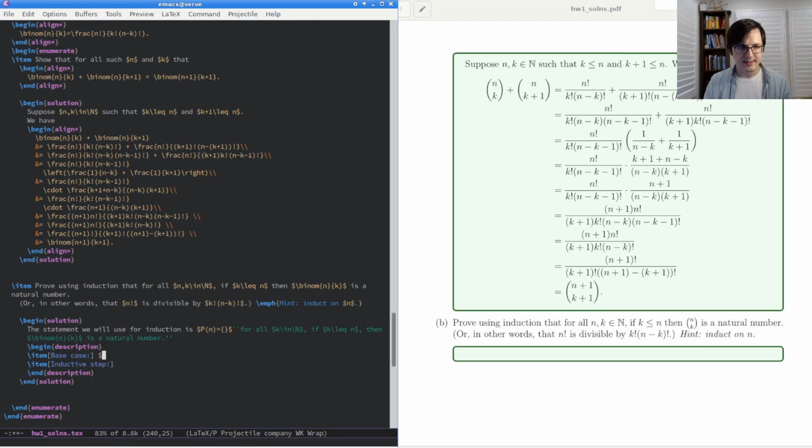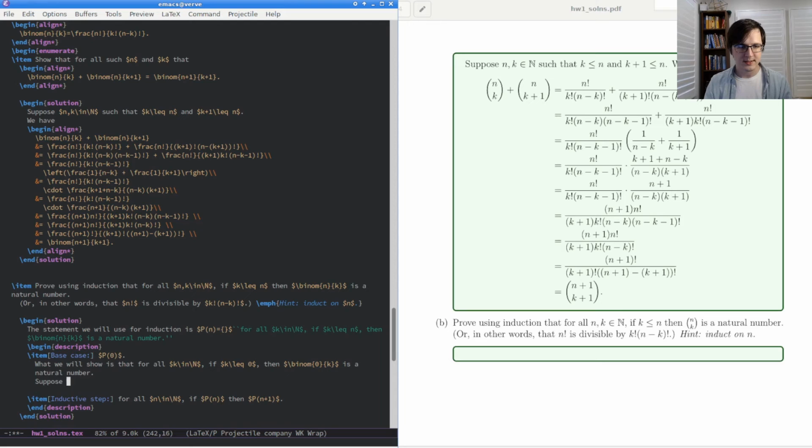The base case is P(0), and like usual, the inductive step is for all n in N, if P(n), then P(n+1), which I'm just writing explicitly there. So for P(0), what we will show is that for all k in N, if k is less than or equal to 0, then the binomial coefficient where n is 0 is a natural number.